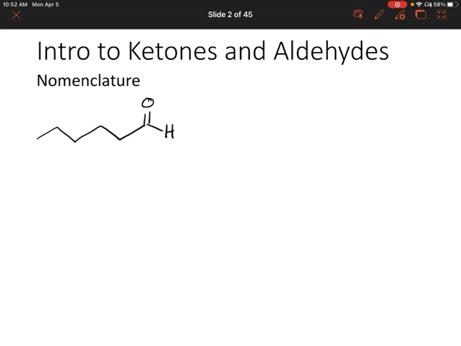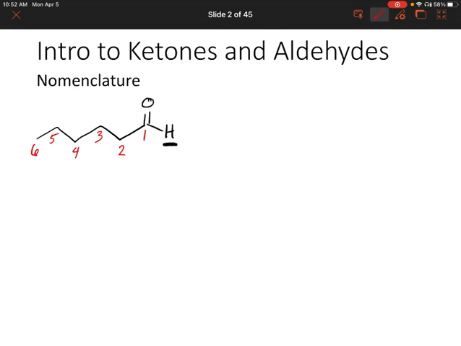That's our parent chain. And for aldehydes, we want to make sure that that aldehyde is included in that longest chain. And because aldehydes have that hydrogen, they're always going to be at the end of the chain. So they'll always be at position 1. So we'll number this from right to left.